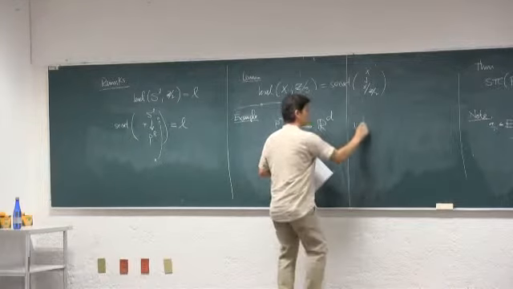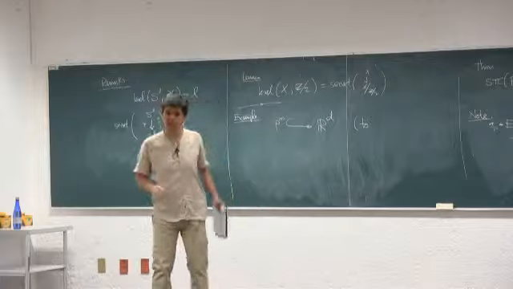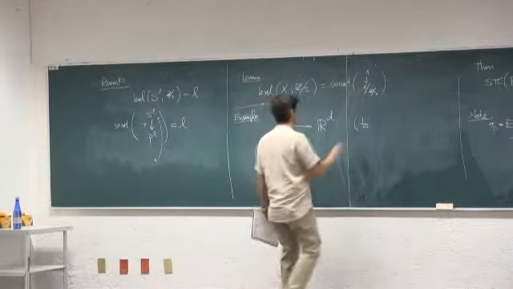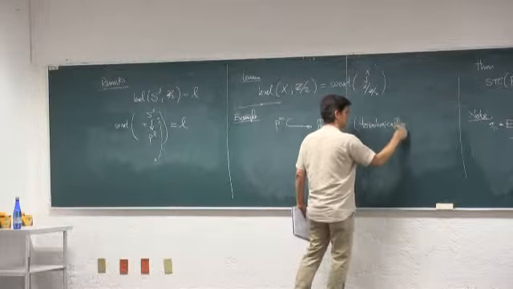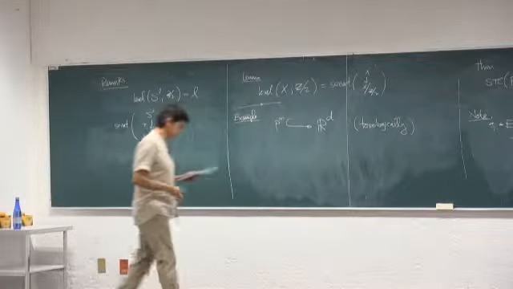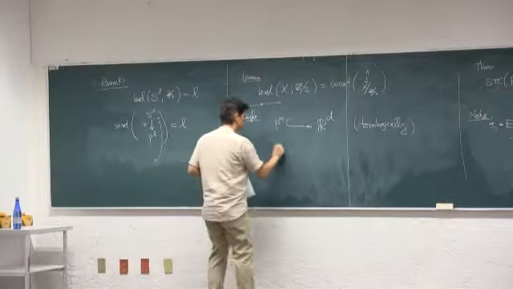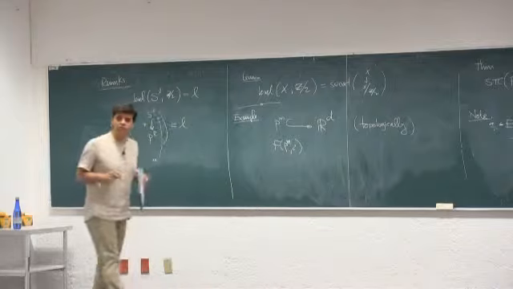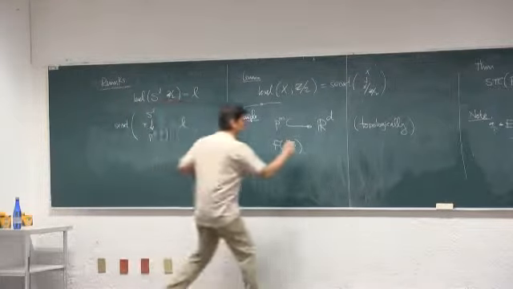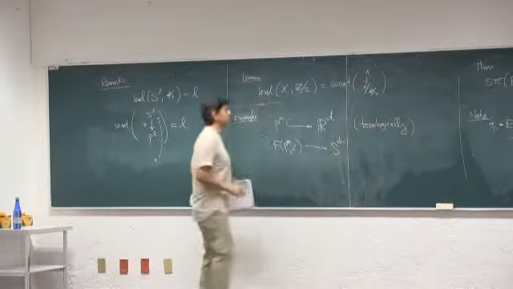This will work even if this is not a smooth embedding, just a topological embedding. This is a subspace of R^d. Then there is this Haefliger map that goes from the space of two distinct points, two distinct lines, into the sphere that sits inside R^d.